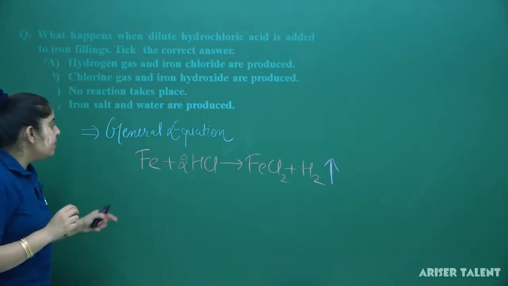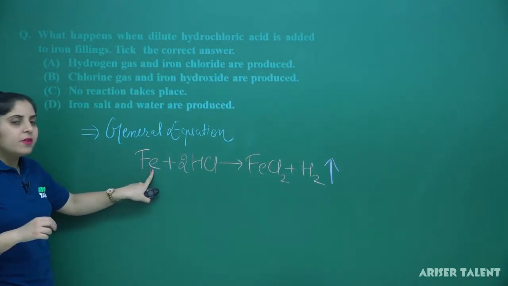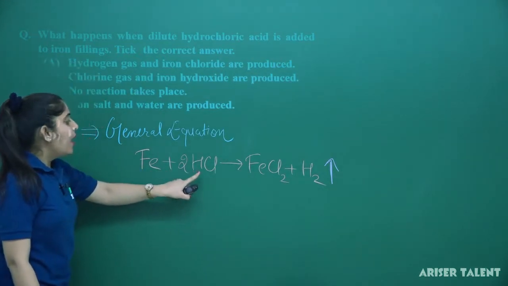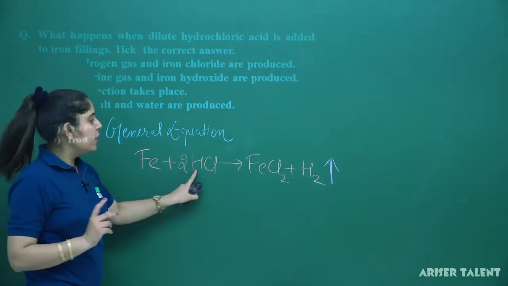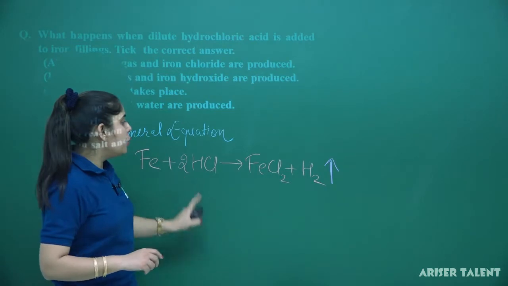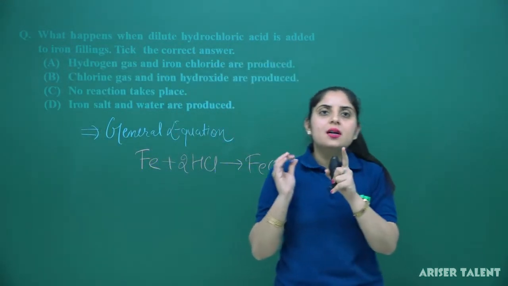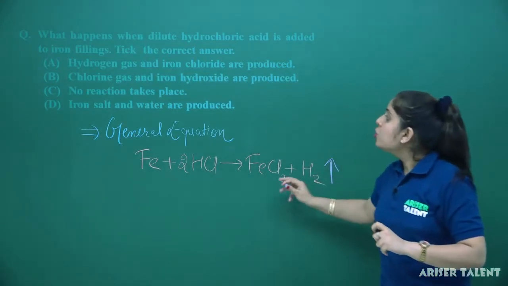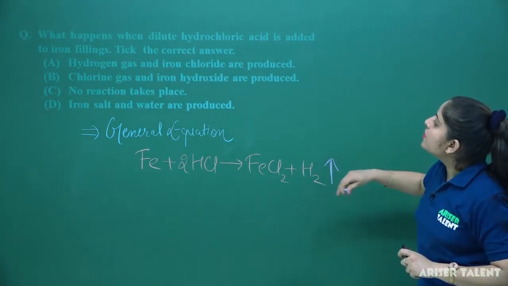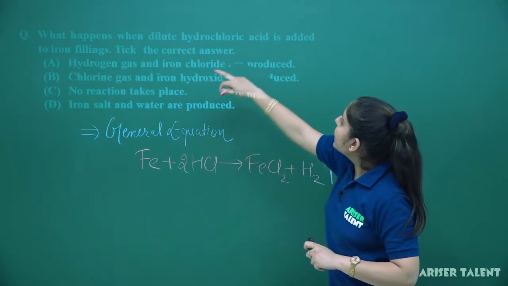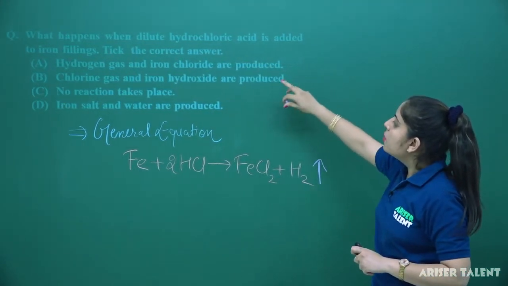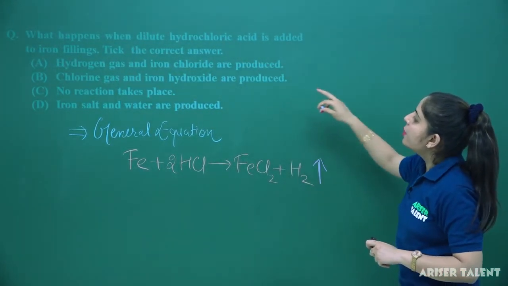We have Fe 1, hydrogen atoms 2 and here 2, chlorine atoms are 2 and again chlorine atoms are 2. So, I can say that this equation is a completely balanced equation. What will be the correct answer? Hydrogen gas and iron chloride are produced.